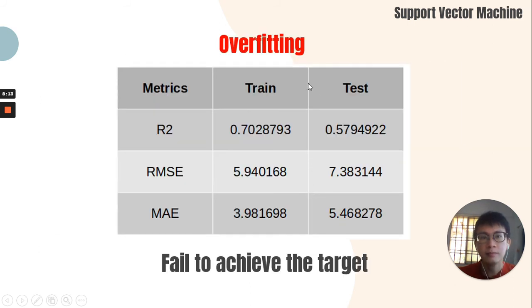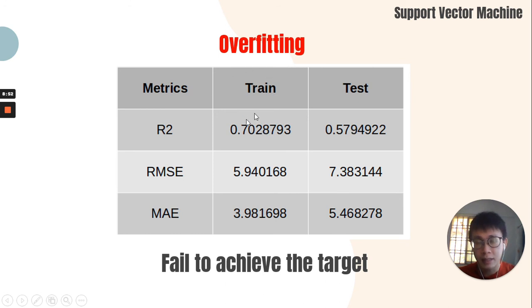After that, we feed the support vector machine with the best parameters, and this is the result that we get. Based on the results, we can say that SVM actually overfitted the training data. Why do we say so? Because the R-squared for the training data is 0.7. It's not so bad, but the R-squared for the test data is 0.579, which means 0.58. So it's much less than the training data.